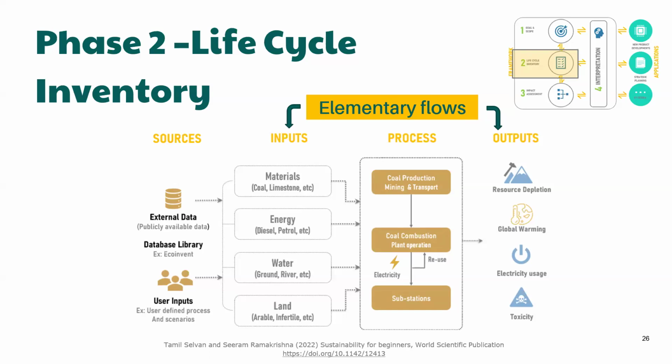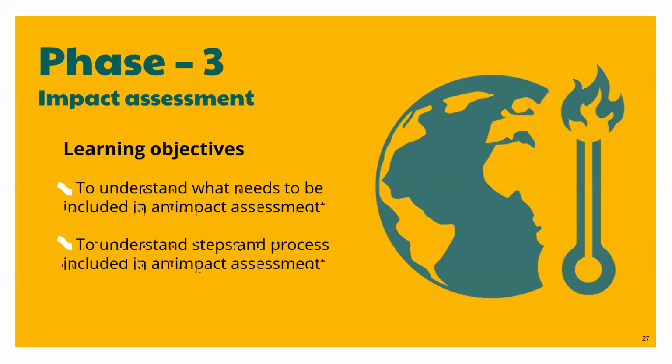So it's getting too technical now. All we need is to understand the input and output flows of our product system. So once you have a clear understanding of the life cycle inventory analysis, now let's move on to the impact assessment. In the first phase, we have seen goal and scope.